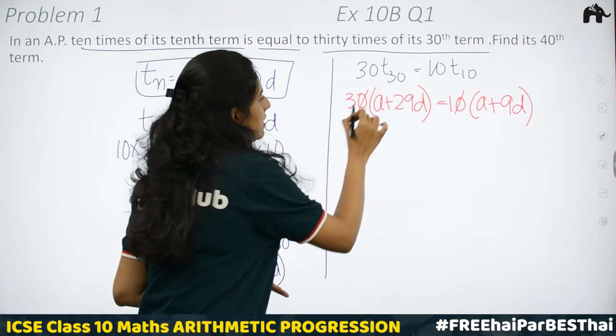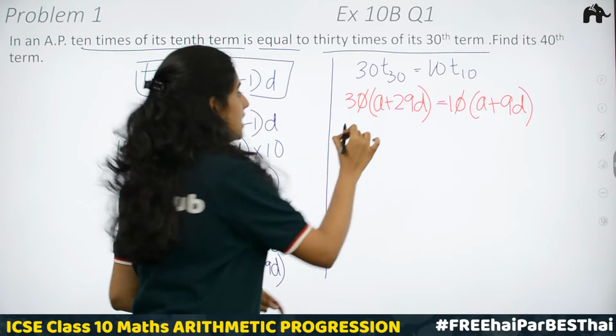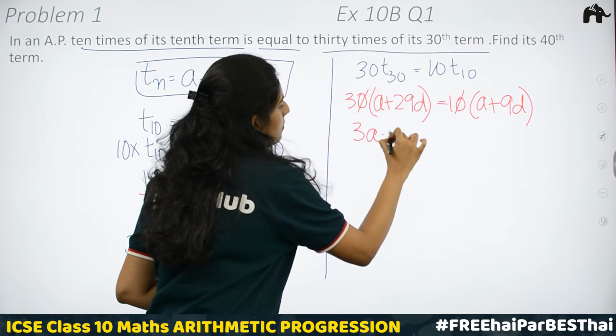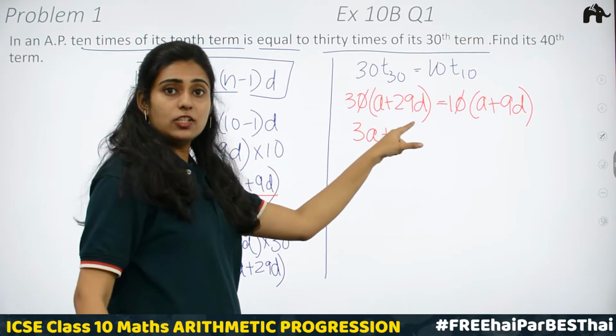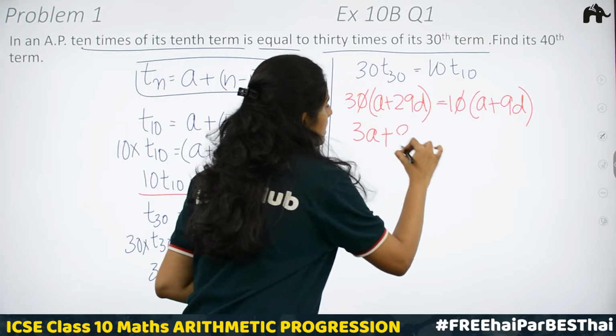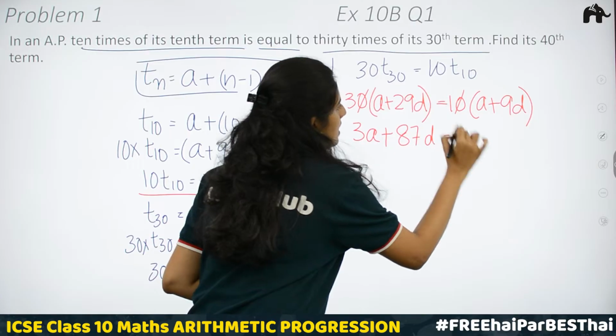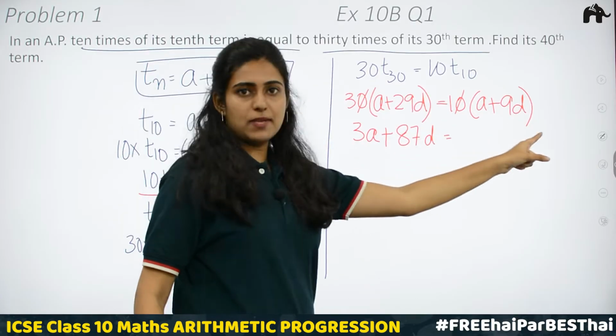Now removing brackets and multiplying, we get 3A plus 29 into 3, that is 87D, is equal to 1 into A plus 9D.